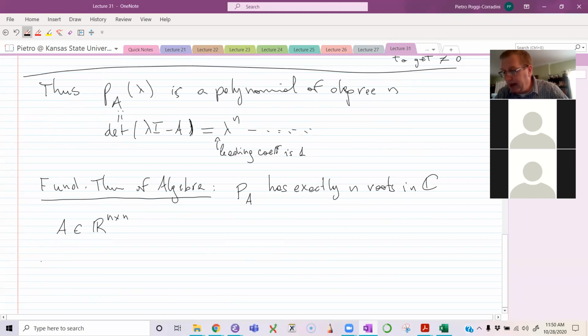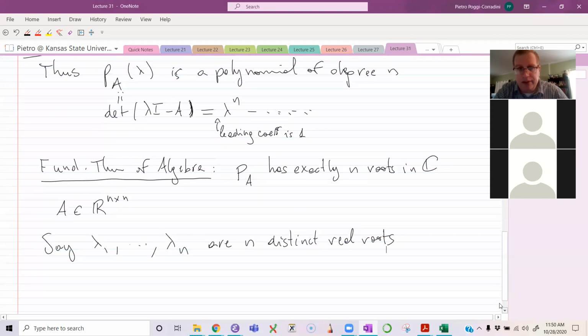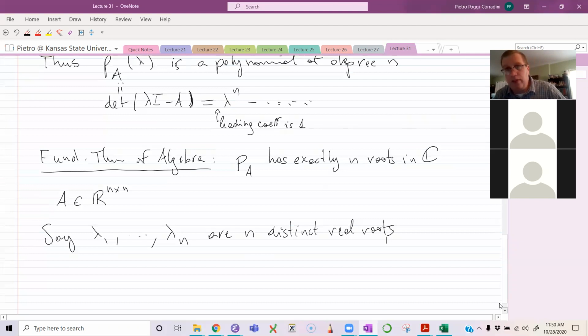Say that you have exactly n real roots, distinct. Then in that case, the eigenvectors form a basis.